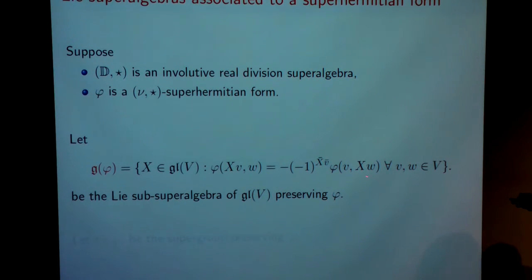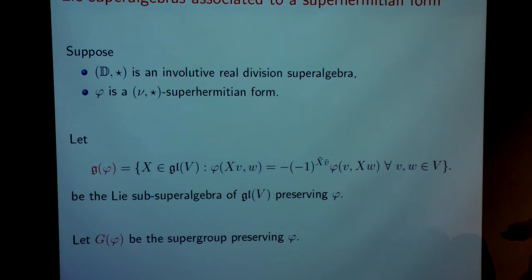By preserve, I mean precisely this. Or probably a more natural way to think about it is we precisely pick this Lie superalgebra so that the bilinear form is a homomorphism of modules and not just a bilinear map. And then we can also take the supergroup that preserves this form. So to every one of these forms, we have the corresponding Lie superalgebra and the supergroup.